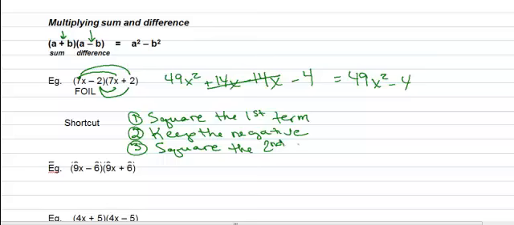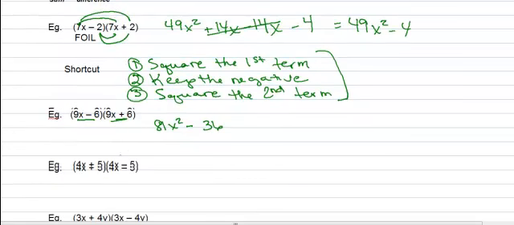And that's really all there is to it. Again, you do have to do a little bit of memory work here, but this is super nice and really easy. So here I see that I've got a sum and difference. So I square the first term, 81x squared, keep the minus, square the second term, 36, and I'm done.